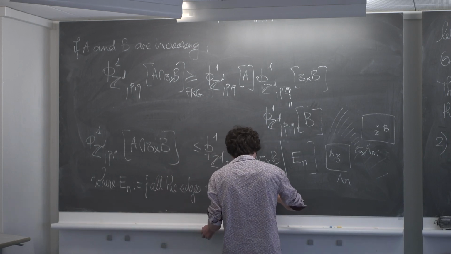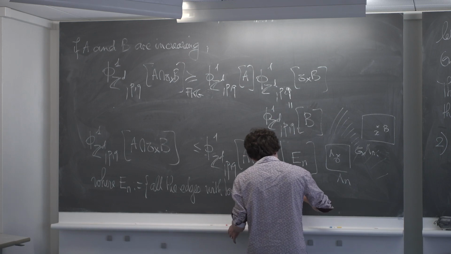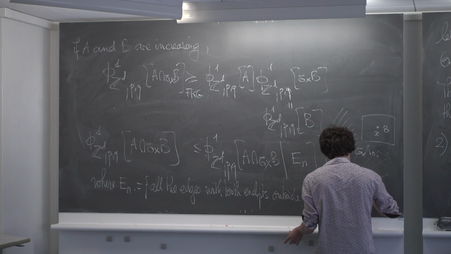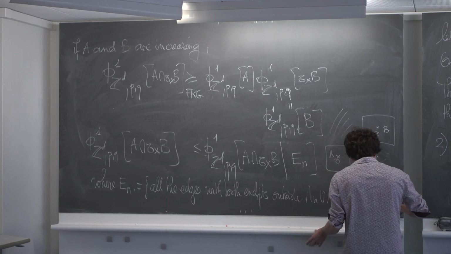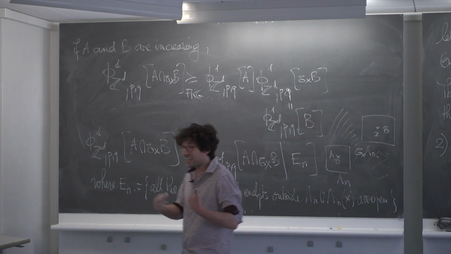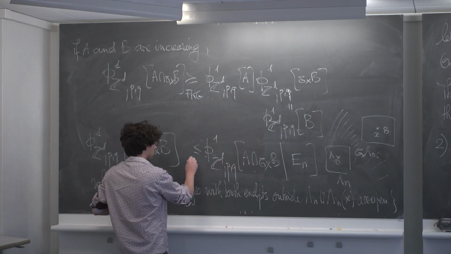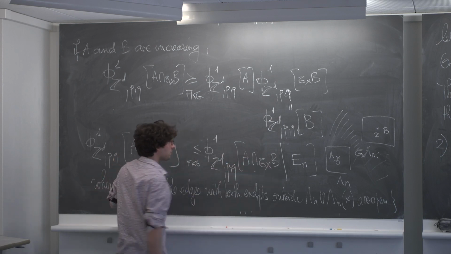So all the edges with both endpoints outside lambda n union lambda n of x are open. So this is a nice increasing event. Since this is increasing by FKG, you have this.